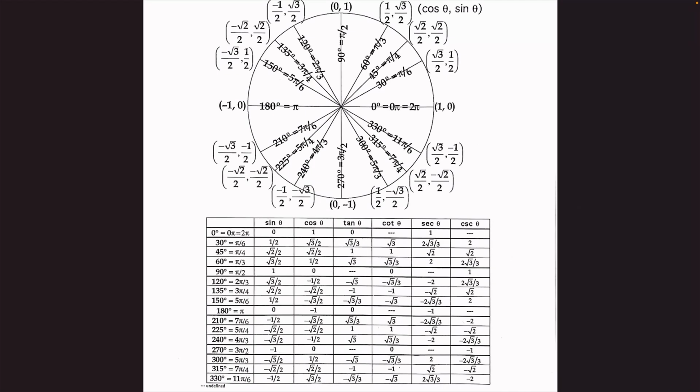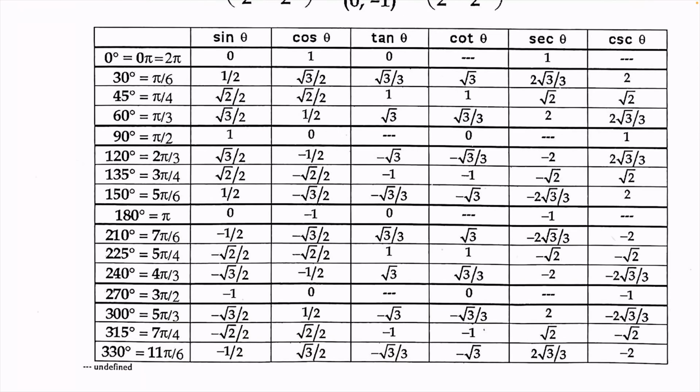So we're only talking about cosine, right? Where does it equal 0? At pi over 2, 90 degrees, and 3 pi over 2, right? So that's where there's vertical asymptotes.